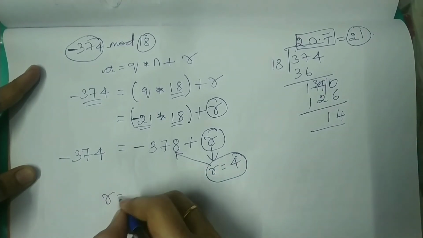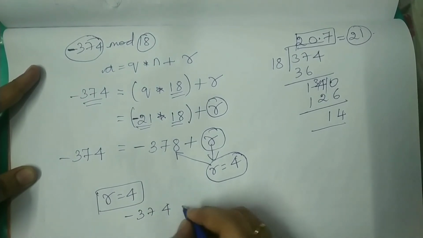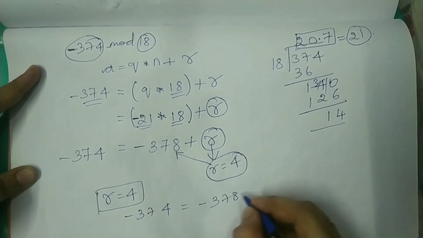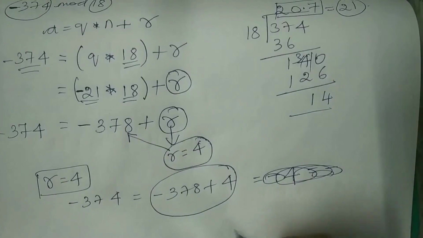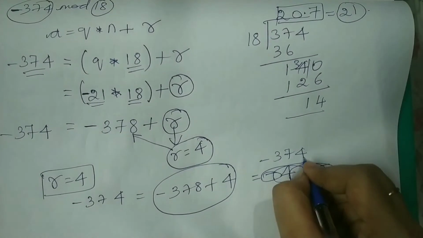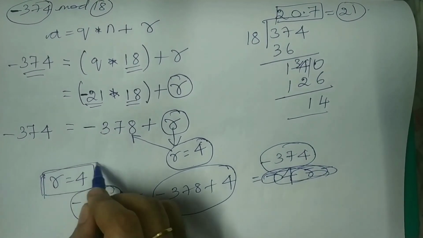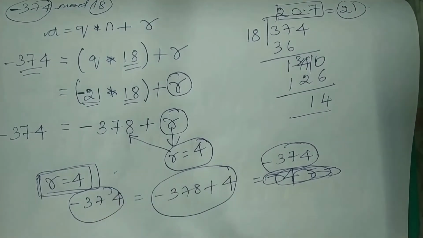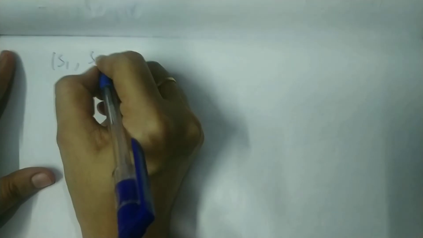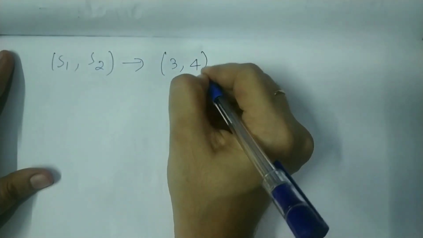So my R's value is equal to 4. Therefore, in the next step, I should write the S1 and S2 pair, which is 3, 4.